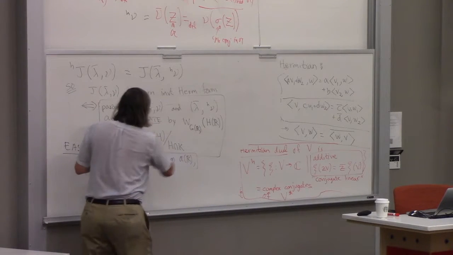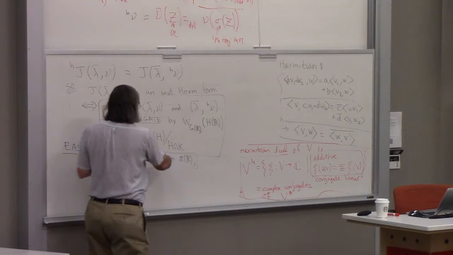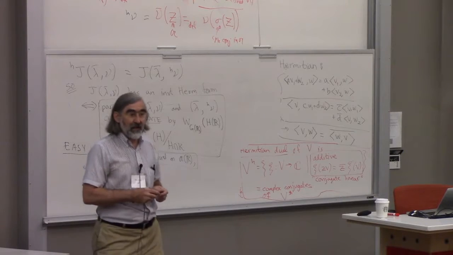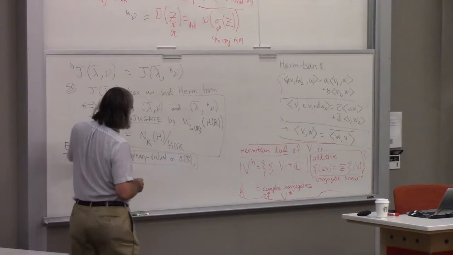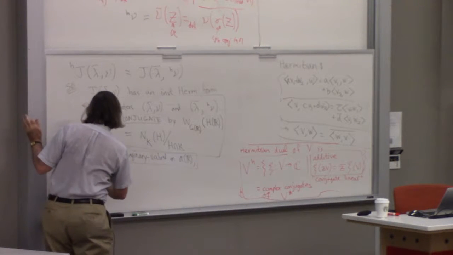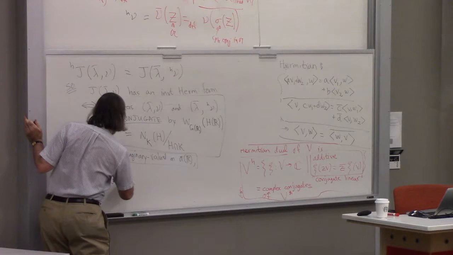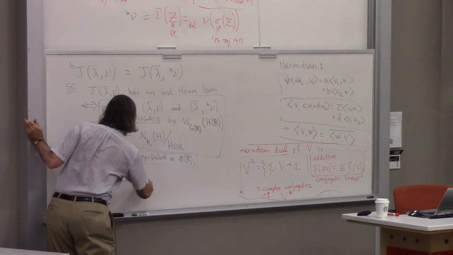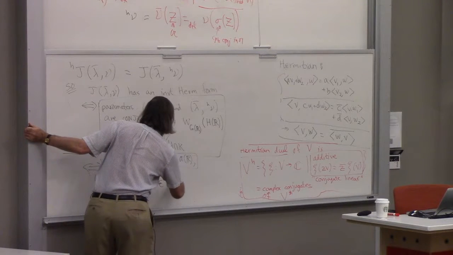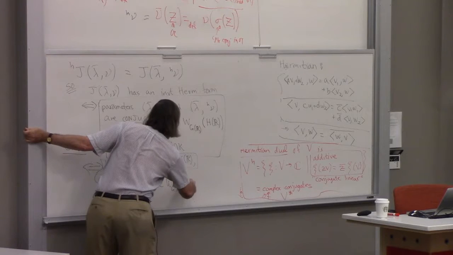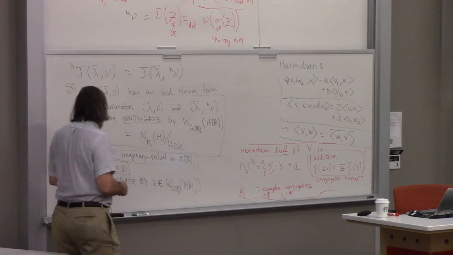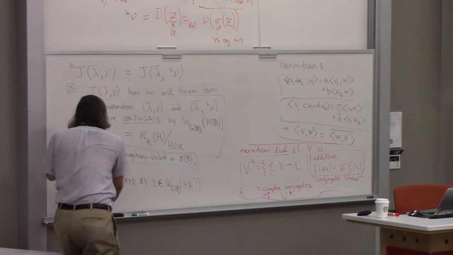This linear map being imaginary valued here, that's the same thing as these two being equal. So that's an easy way for these two things. These guys are conjugate by 1 in this. That's the easy case.